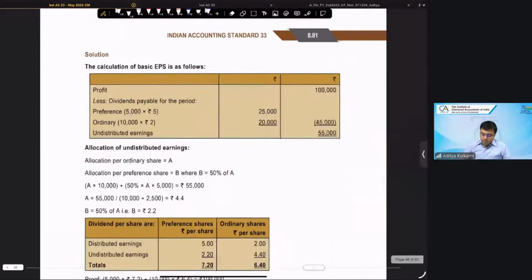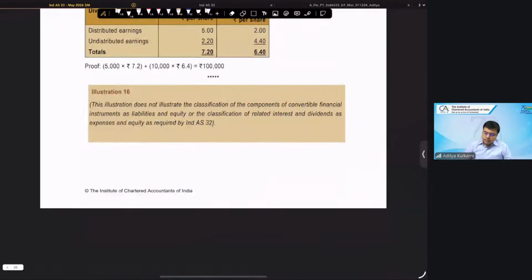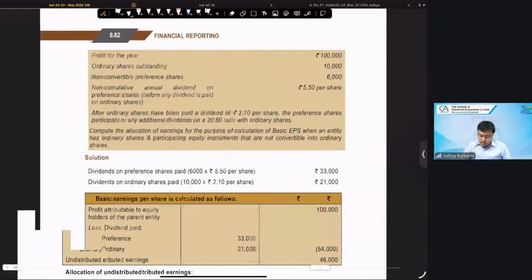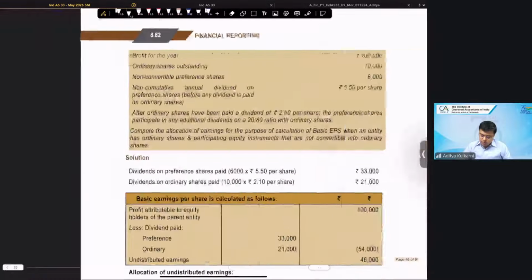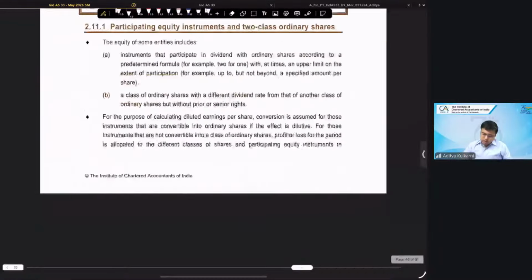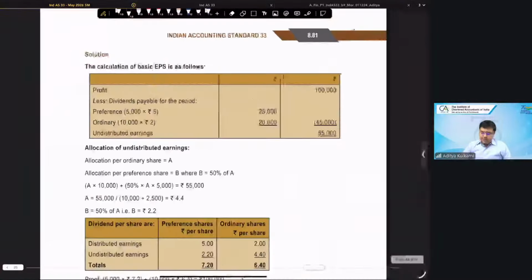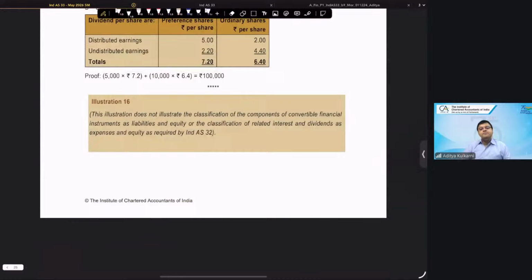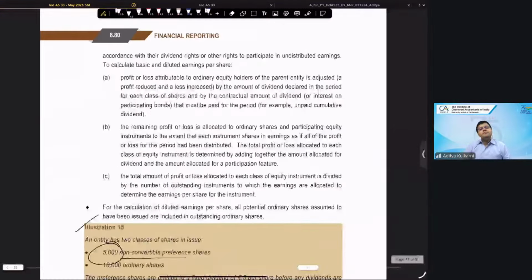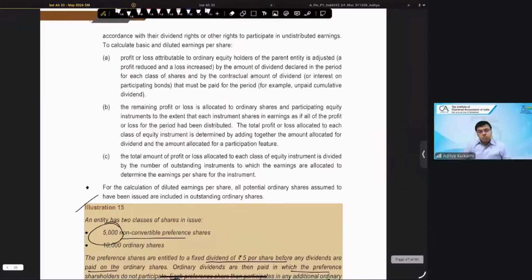Okay. So I will leave you with this question. Sir, if nothing is declared for equity holders, then do we have to consider that too when calculating?